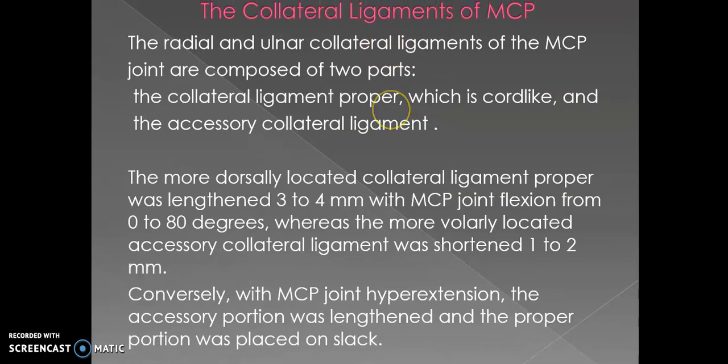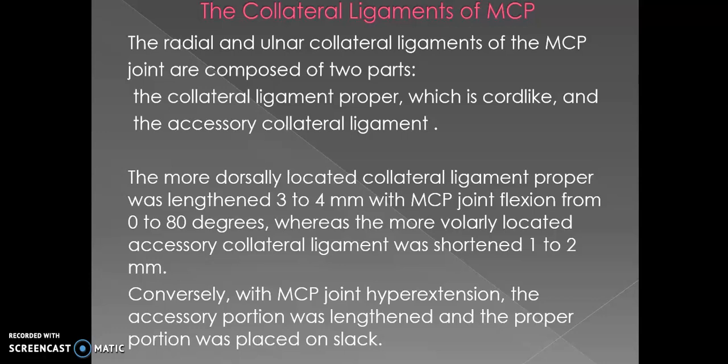Now coming to the collateral ligaments of the metacarpophalangeal joint. Collateral ligaments means they are always placed on the sides. So lateral collateral ligament, medial collateral ligament, or otherwise in the hand we can call them the radial and ulnar collateral ligaments of the metacarpophalangeal joints, and they are composed of two parts.